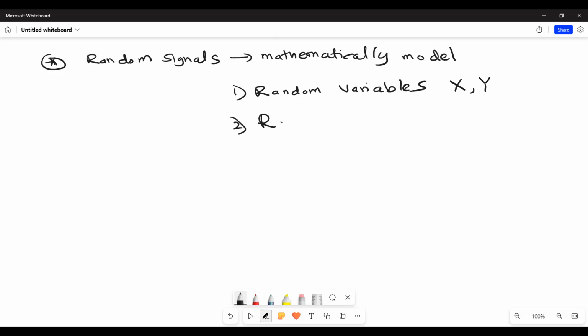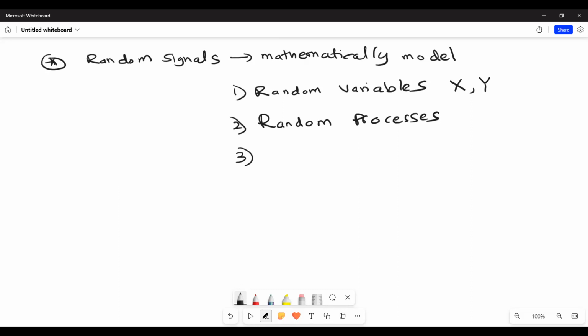Then we will be using random processes, right? Random variables, random processes. Likewise, we will be discussing random signals, right? So basically random variables, random processes, and inside these there are other mathematical definitions.